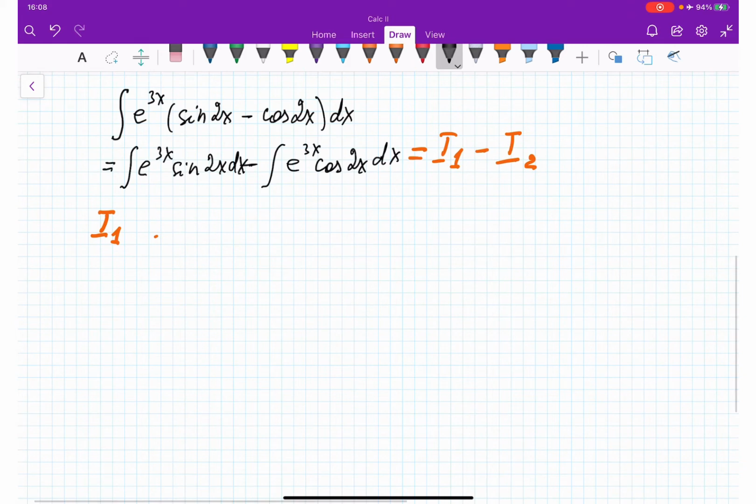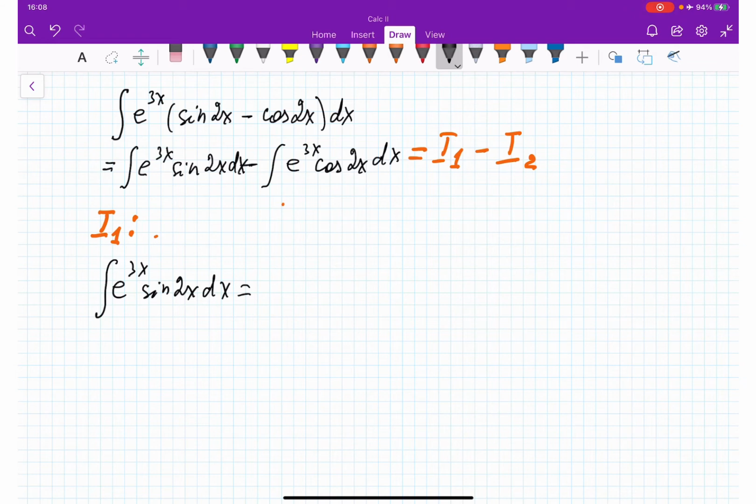I1 is the integral of e to power 3x sine 2x dx.